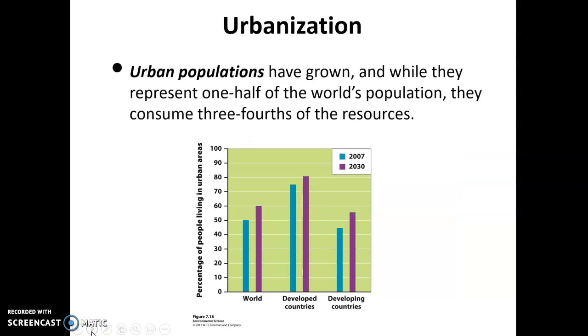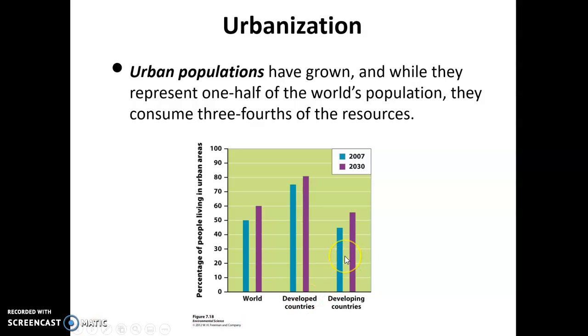Okay, next we're looking at the effect of urbanization. Urban populations have grown, and they still represent about 1/2 of the world's population, but urban populations consume nearly 3/4 of the resources. Often urban populations are developed, even if they're in a developing country.